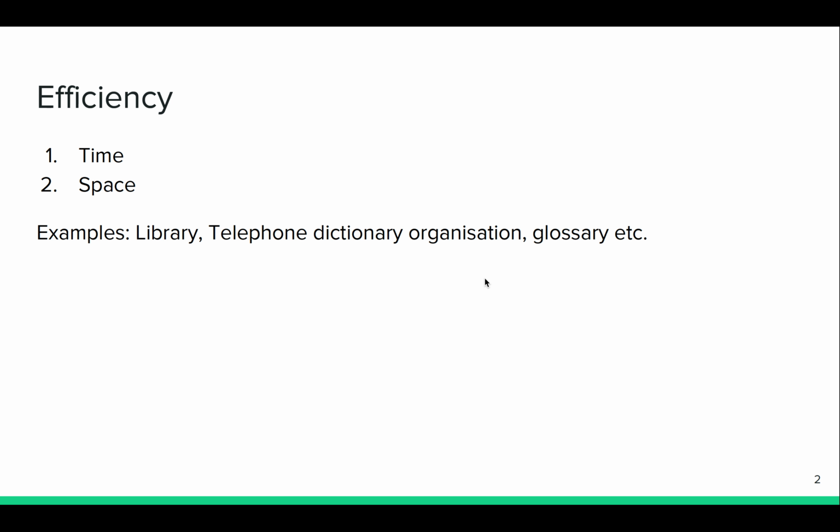Similarly, a telephone dictionary is organized in such a way that the names of the residents of a particular area are in alphabetical order, making it easier to search for a particular person.